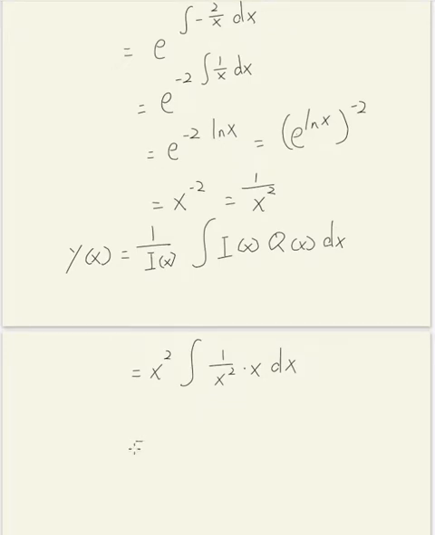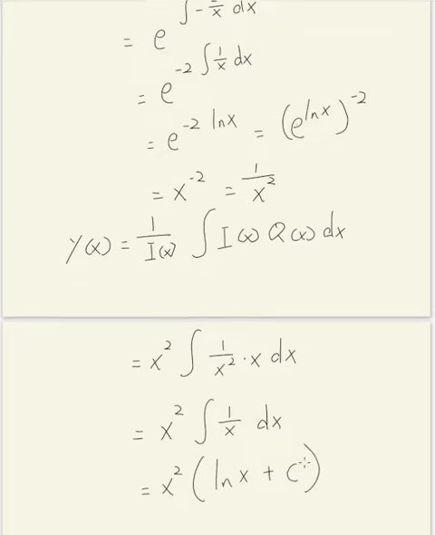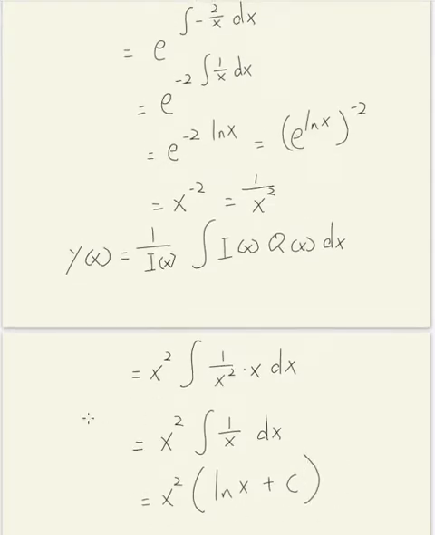You get x squared times the integral of 1 over x dx. Once again, since x is positive, this is ln of x plus c. Okay, so this is the general solution of this problem.